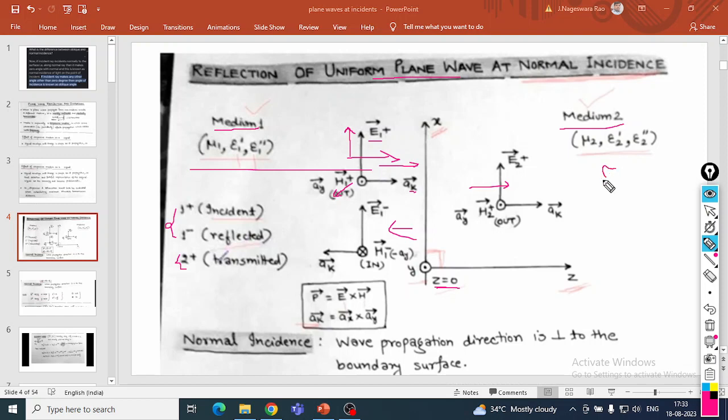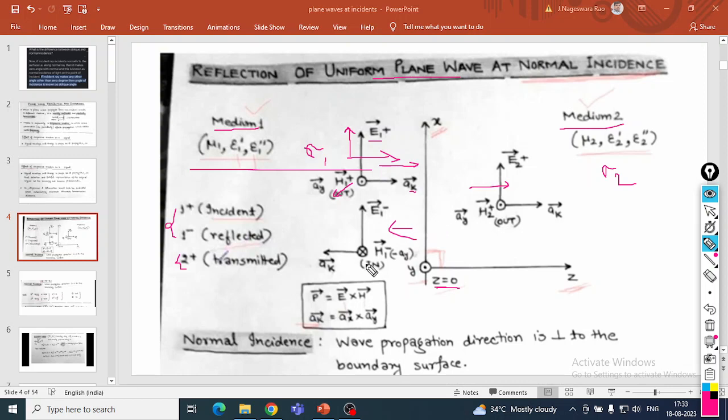Here we also have sigma 2, and here sigma 1, I mean conductivity. In the figure, subscripts 1 plus, 1 minus, and 2 plus denote the incident, reflected and transmitted waves respectively. The incident, reflected and transmitted waves are shown in this geometry.